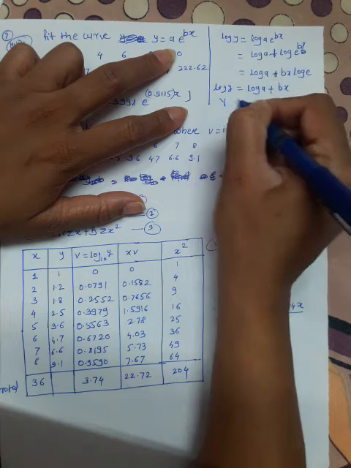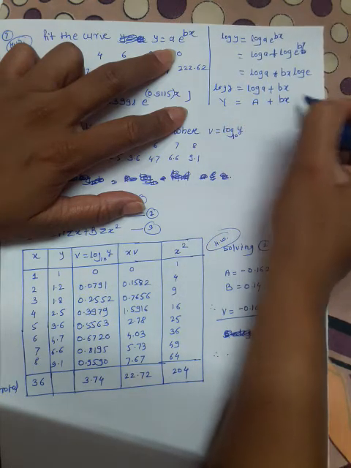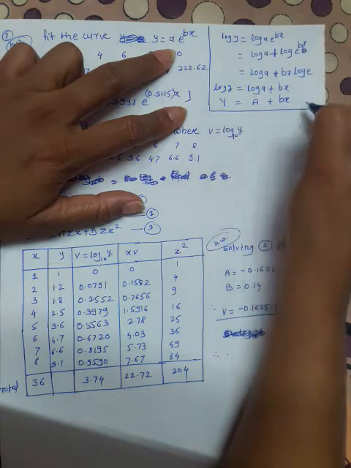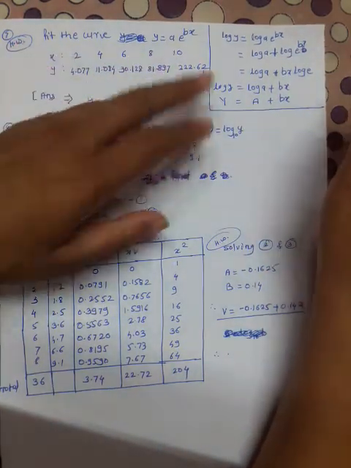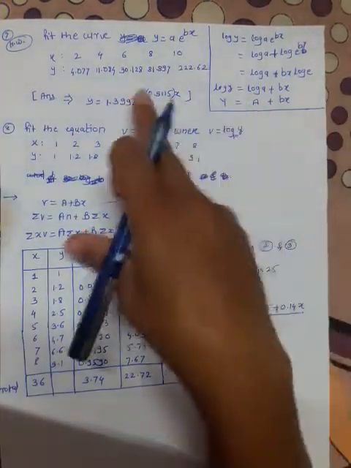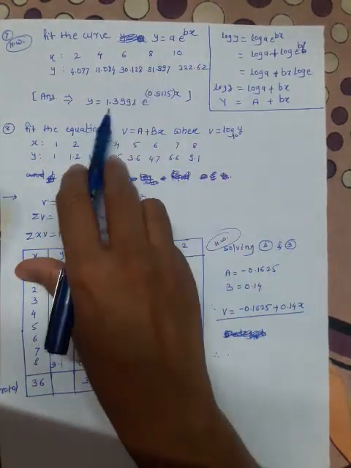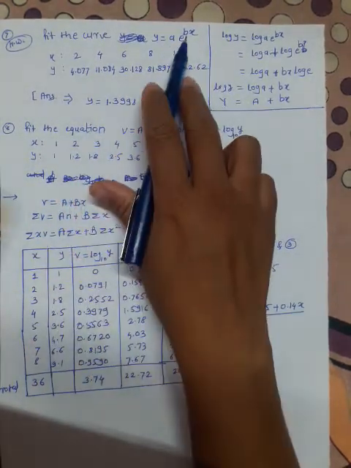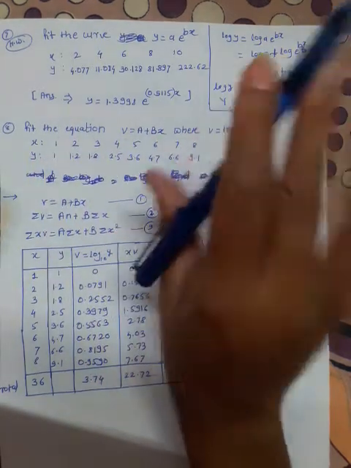Put this value as capital Y. This is capital A plus bx as it is, as per our usual notation. We want this. Corresponding you take summation, then double summation, and solve these equations for small a and small b. Small a value is 1.3998, b value is 0.5115. Okay, this is the homework.